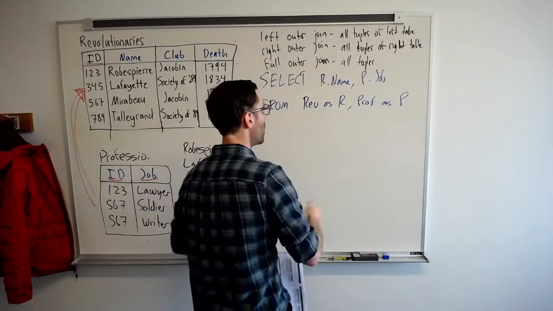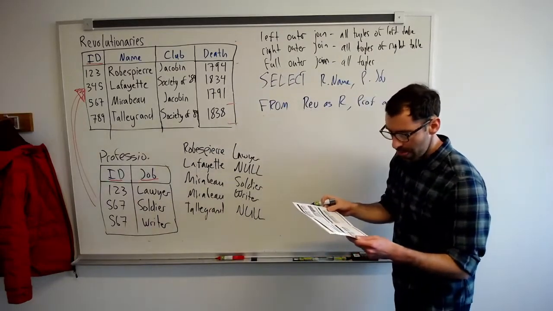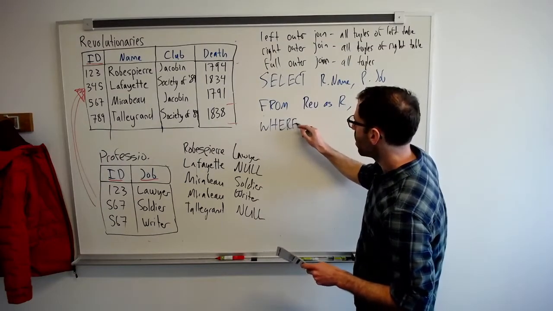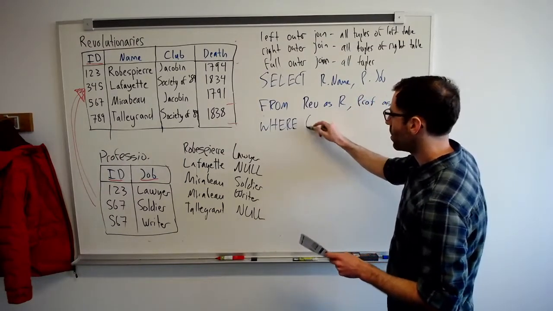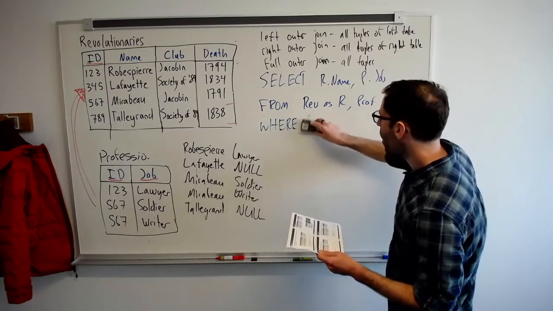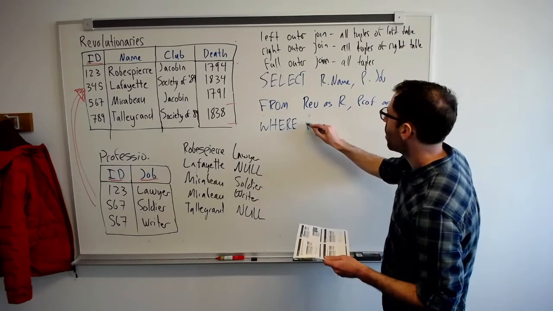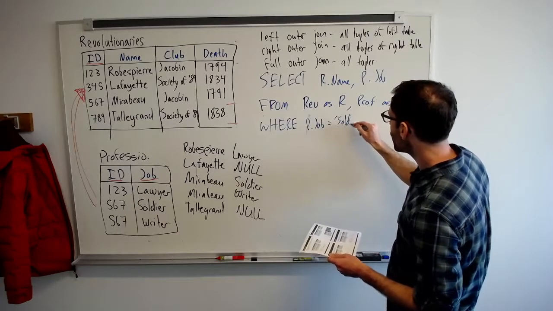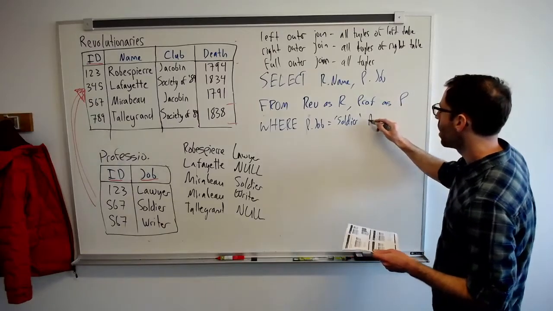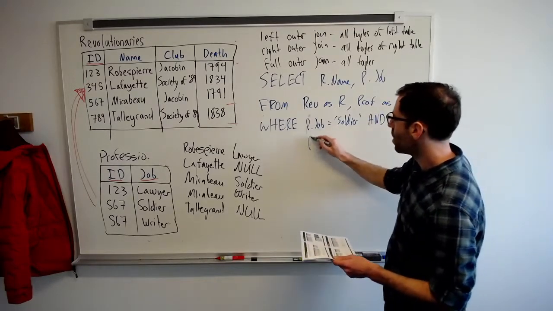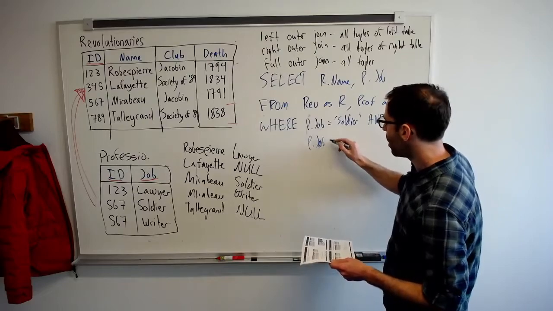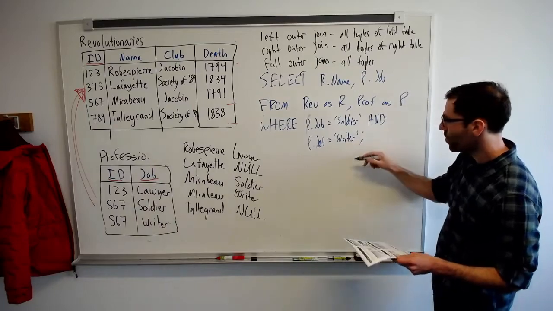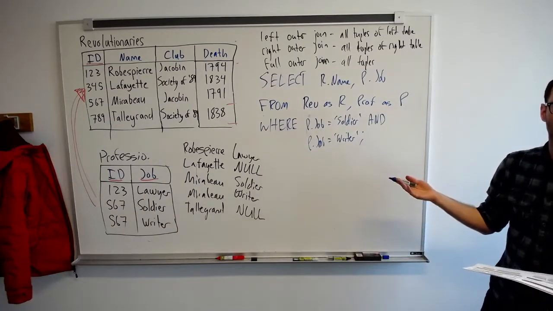We don't need this outer join, and we'll just say where our job is soldier and our job is writer. So would this work?